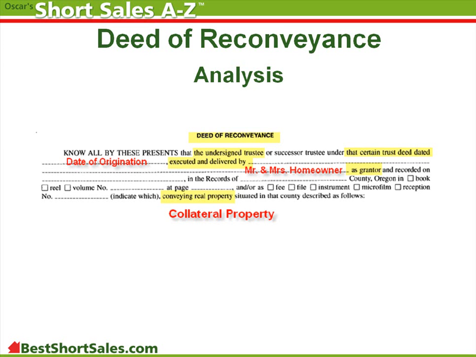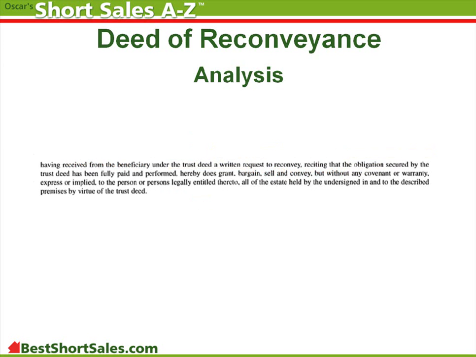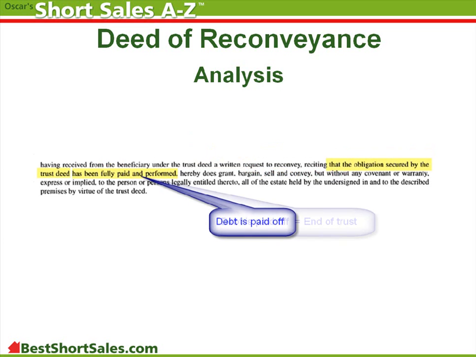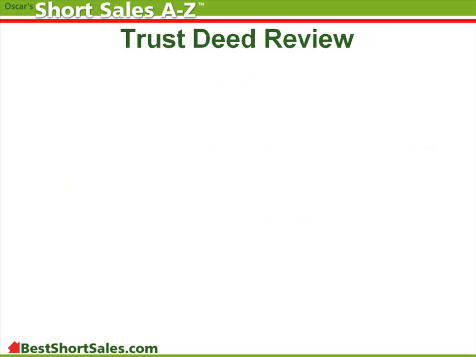This is the property used as collateral. It continues that the obligation secured by the trust deed has been fully paid and performed. This means that the debt is paid off. The trust has ended. No more trust deed.